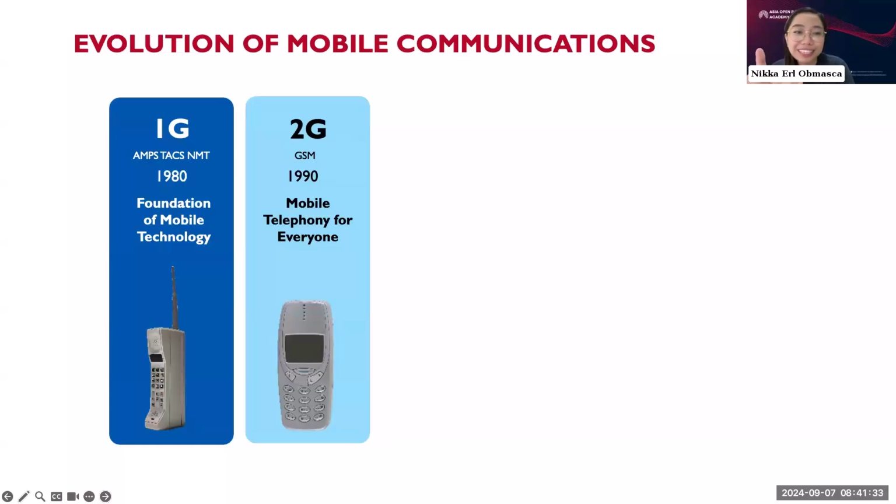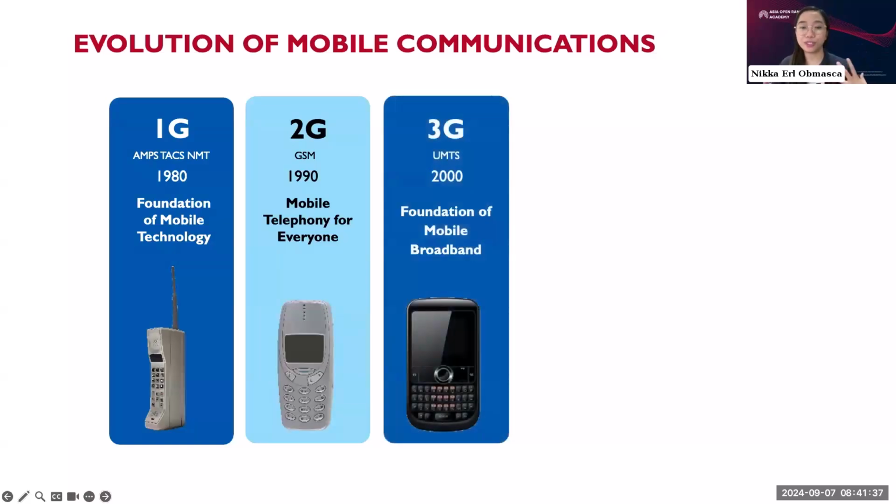Okay. Next is, ano yung next? 3G. 3G naman. So ito na yung mga pangmayayaman nung elementary ako kasi gumagamit sila ng QWERTY na keypad. Ayan. So itong third generation mobile communication natin was introduced in the early 2000s.